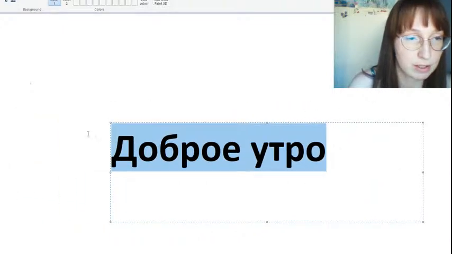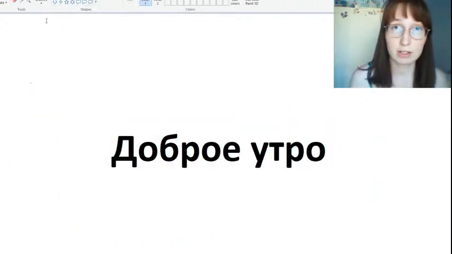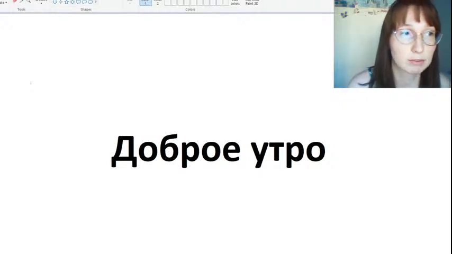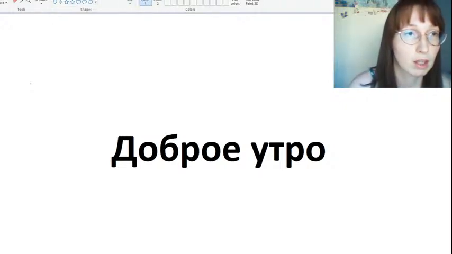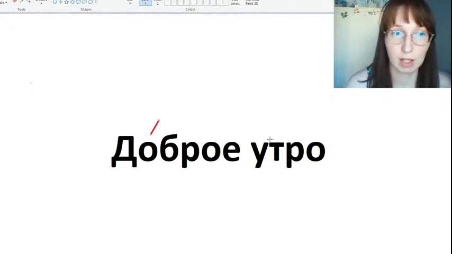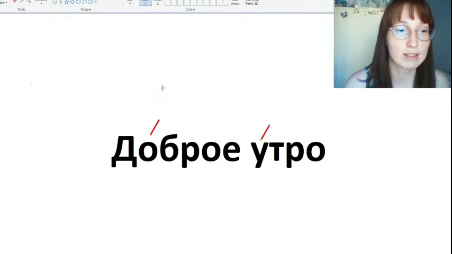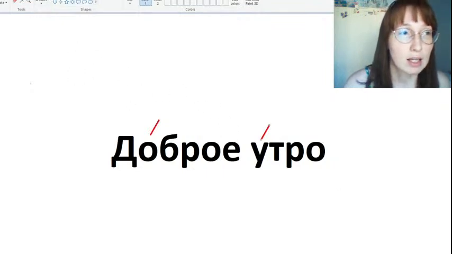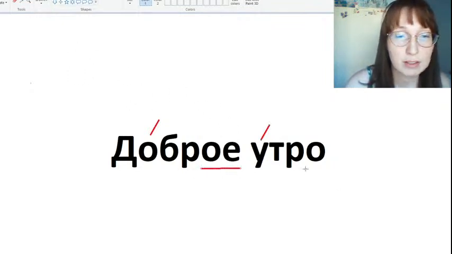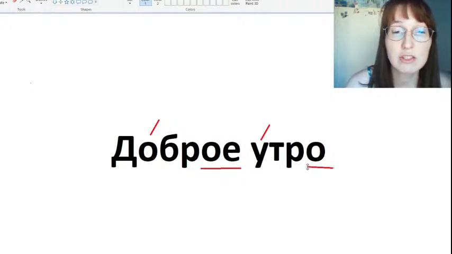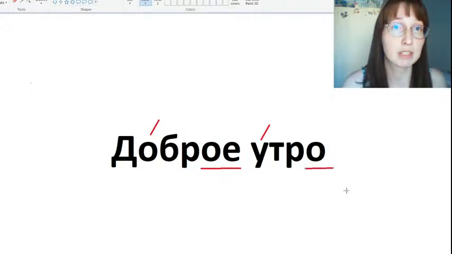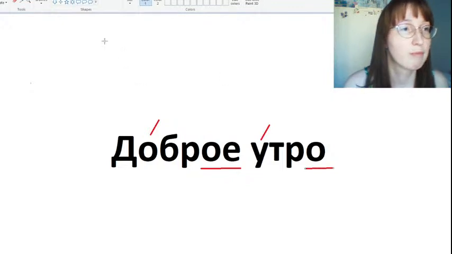Let's work with it. First, let's find the stressed vowels. Доброе. The first O is stressed. Утро. U is stressed. These vowels are unstressed and they are pronounced differently.